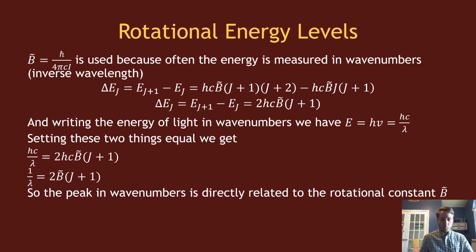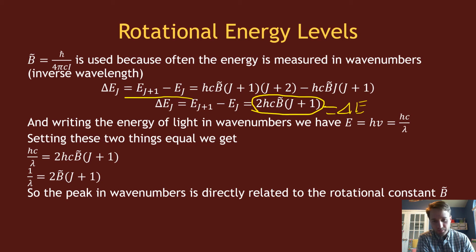To show why we use wave numbers, if I want to look at the energy change between the J plus 1 and J energy levels, I plug J plus 1 into the energy for my spherically symmetric rotor, plug in J, and take those energy differences. I see that this delta E is related to 2hcB times (J plus 1).